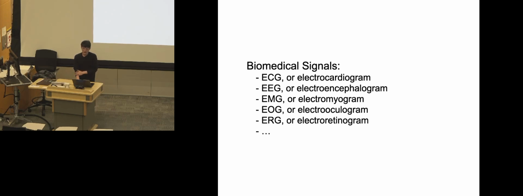For example, the ECG, the electrocardiogram; the EEG, basically your brain wave; EMG, which is the signal generated through the neural system to your muscle tissues that triggers muscle engagement; ERG and EOG. The EOG is the signal caused by the movement around your eyes, and the ERG is the signal generated by the retina inside of your eye as well. So a bunch of these signals that are already on your body are totally within our range of measurement.